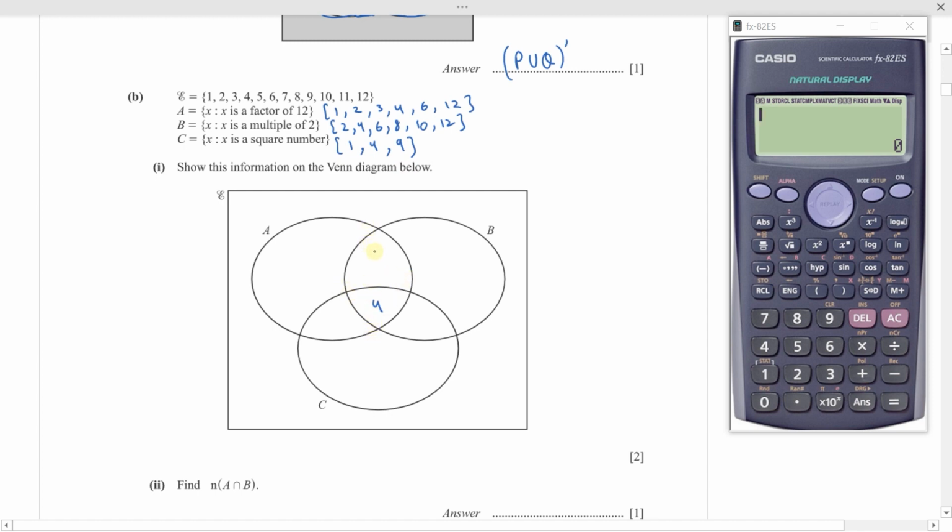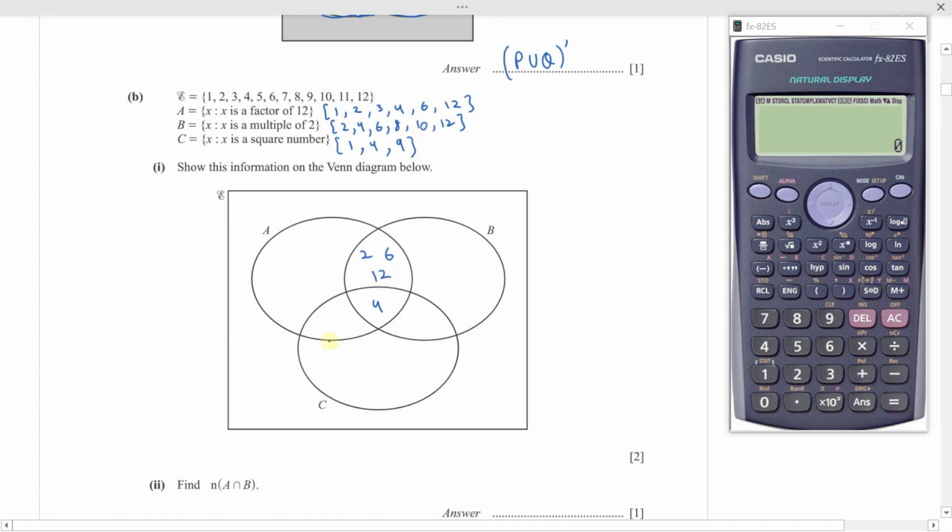So let's now move on to the intersection of A and B. So intersection of A and B means numbers that are present in both A and B. So you have 2 present, you have 4 present in both, but you have already written 4 here. Then you have 6 that is common, so 6 and then 12.